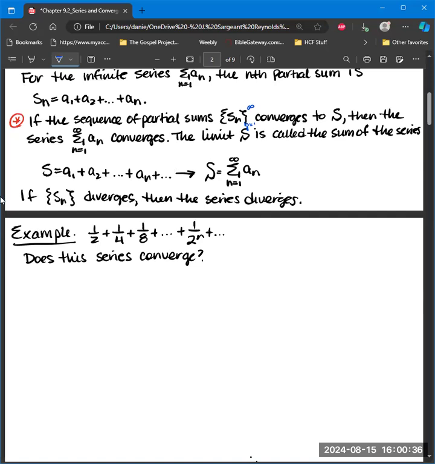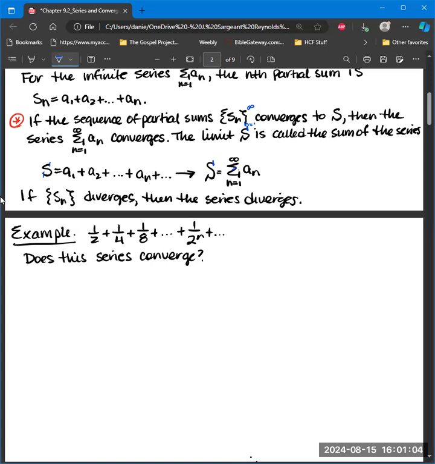So S is a1 plus a2 plus dot, dot, dot, plus a n plus dot, dot, dot, and that would be equal to saying S is equal to the summation from n equals 1 to infinity of a sub n. This is the Greek letter sigma, capital S in Greek, and that's how these two things are related.